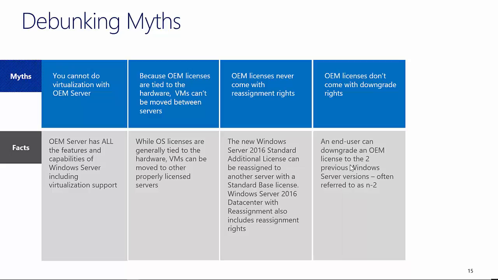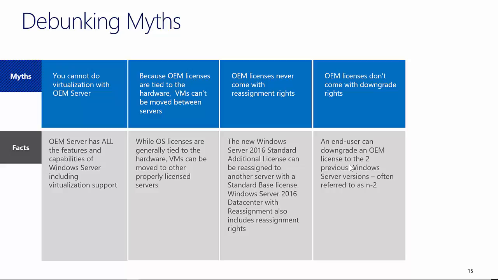We also covered that OEM server licenses do in fact come with downgrade rights, but the requirement to exercise that is the customer needs to have access to the earlier media and the earlier product key.